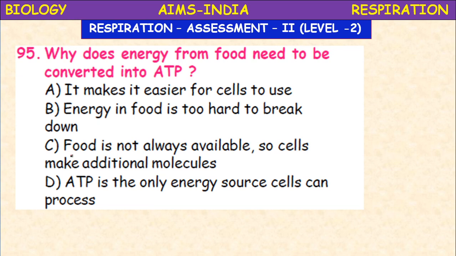Or, food is not always available, so cells make additional molecules. Or, ATP is the only energy source cells can process. Obviously the fourth statement, ATP is the only energy source cells can process.